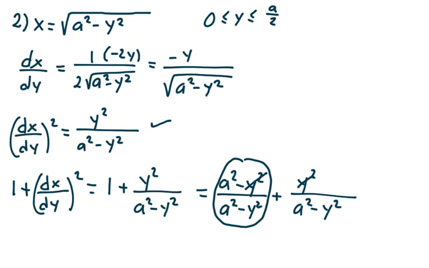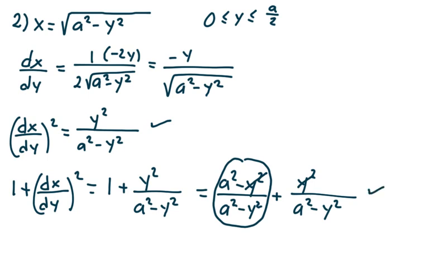So we're doing a little bit of the hard work initially. If I take 1 plus (dx/dy) squared, I get 1 plus y squared over a squared minus y squared. Getting a common denominator, I get (a squared minus y squared) over (a squared minus y squared) plus y squared over (a squared minus y squared).